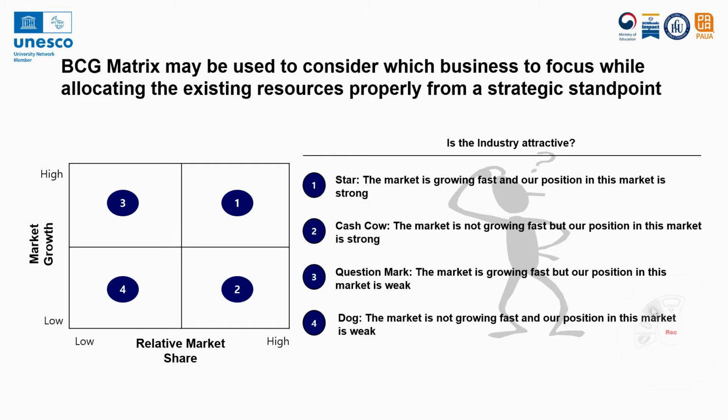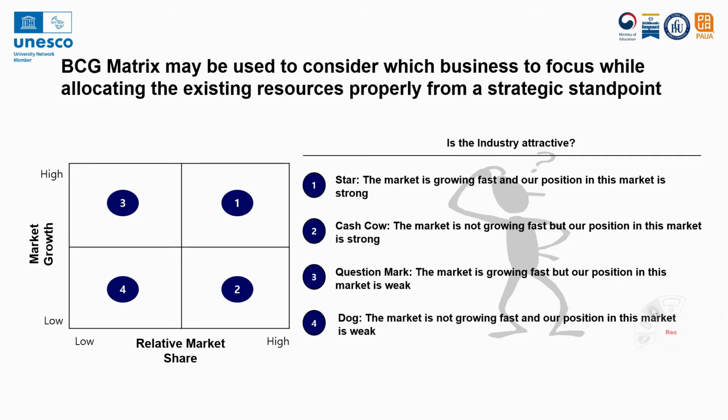That means generating a lot of cash, but there is no expectation of growing a lot in the near future. You are simply cashing out from a cow which generates a lot of milk every day, right?